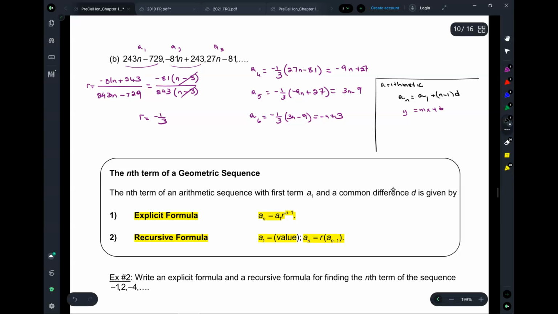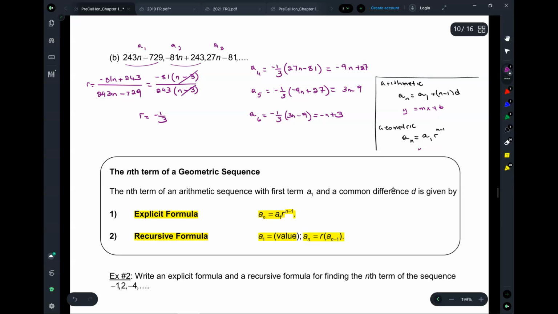Well, the geometric one is AN equals A1 R to the n minus 1. A1 is not changing; it's the same term every single time, so that's a constant. Let's call it A. R is another constant. Let's call it B. What changes as you progress is the exponent: R to the 1, R to the 2, R to the 3.